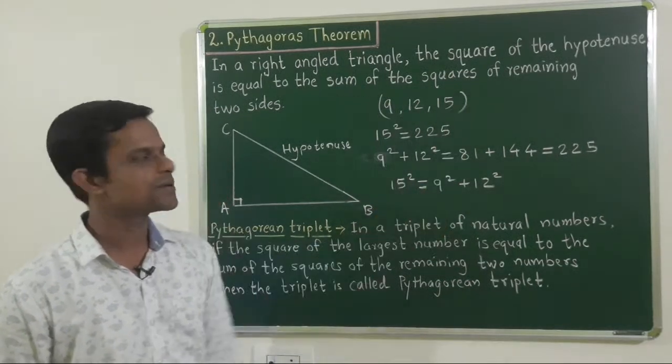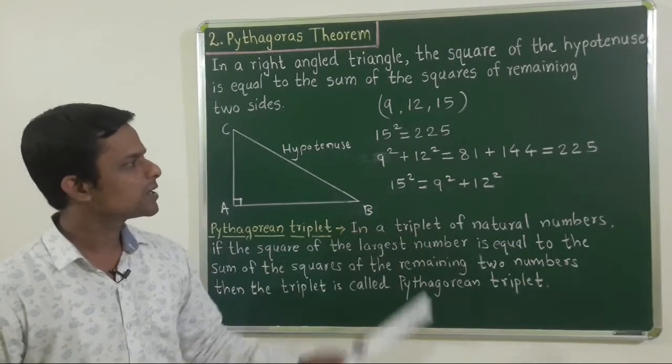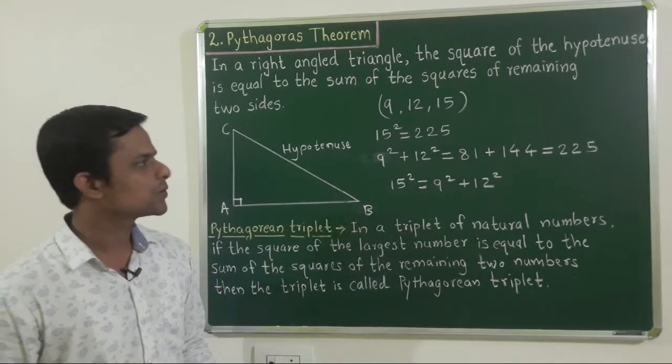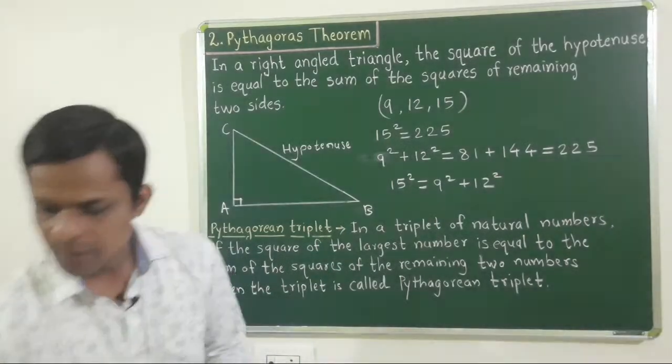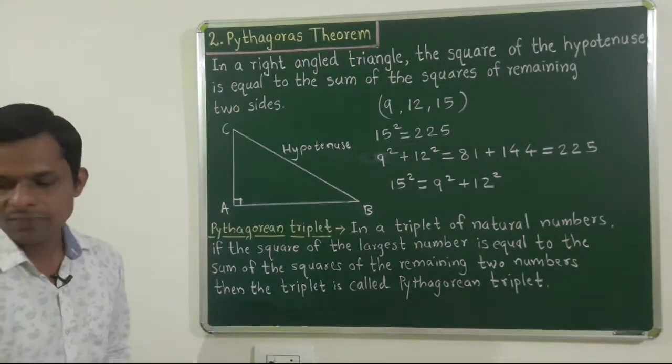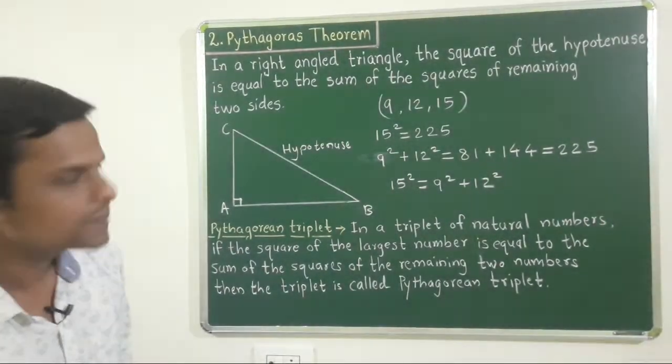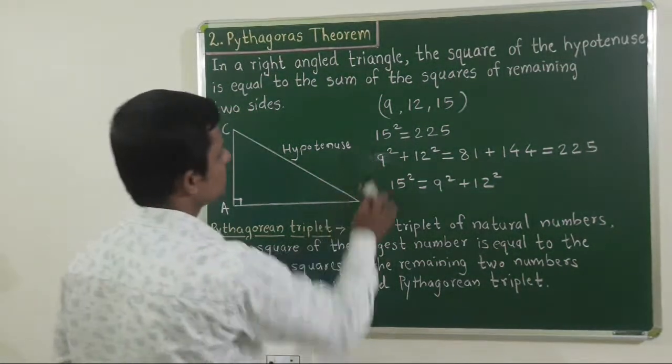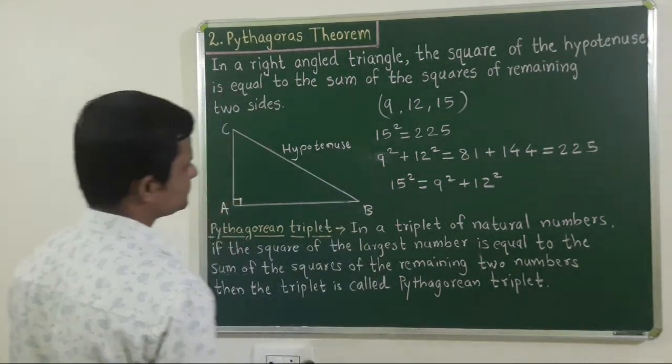This is a Pythagorean triplet. Similarly, you can write other Pythagorean triplets also, like 3, 4, 5, then 5, 12, 13. These are Pythagorean triplets that you can also write. It's about Pythagorean triplet.